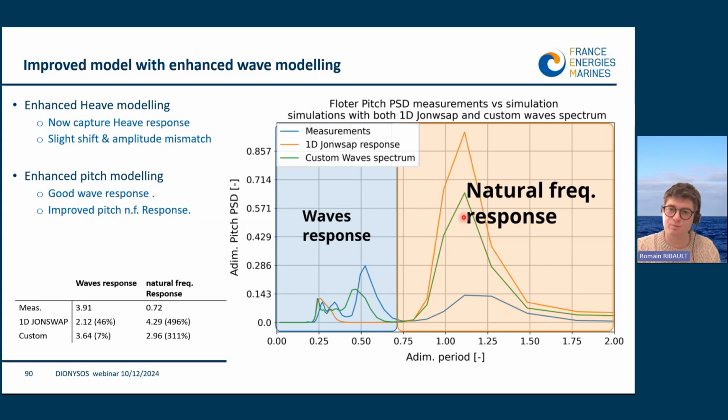And also the pitch movements are reduced. So still in blue, it's the measurements. In orange, it's the initial simulation, and in green, the modified one. So we can see that even in the natural frequency response, there is a slight improvement of the model.